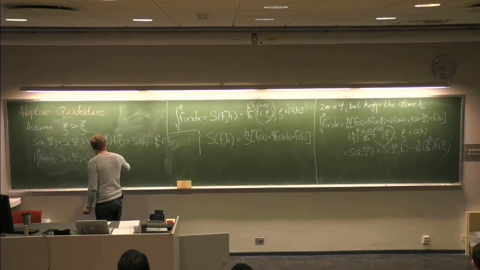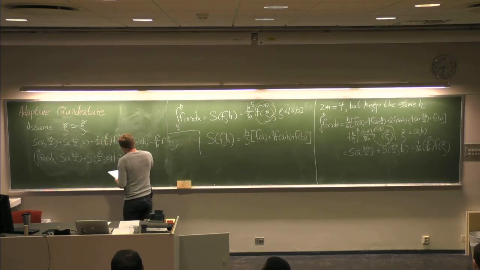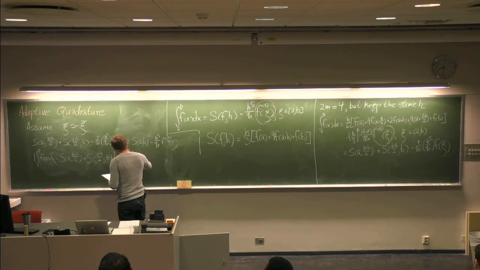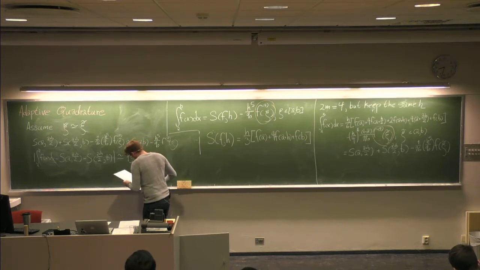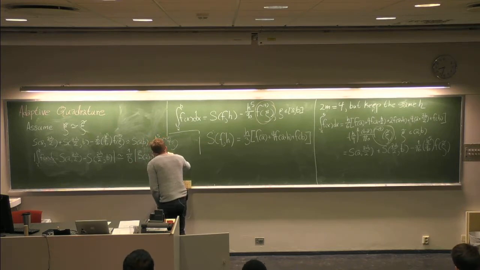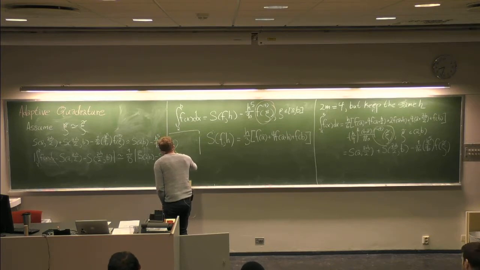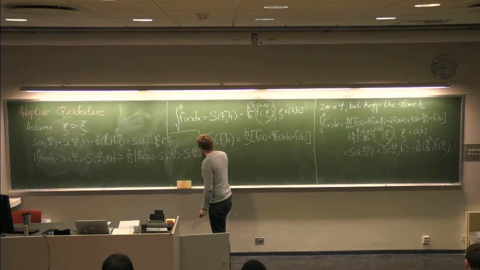It is approximately 15 times better than the difference between S of a to b and the sum of S of a to (a plus b) over 2 and S of (a plus b) over 2 to b.